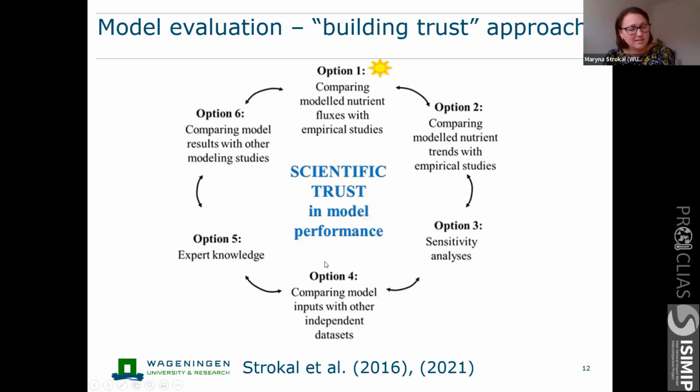We do validate and evaluate our models, and for that we apply the so-called building trust approach. And this is a circle that I'm showing you on the slide. It has 6 options. And option 1 is model validation.